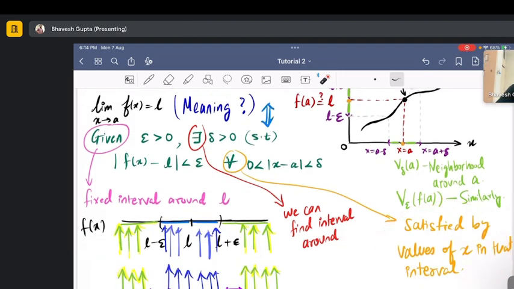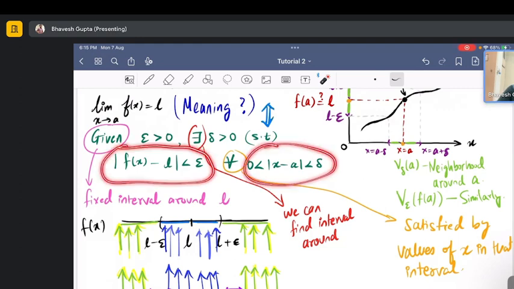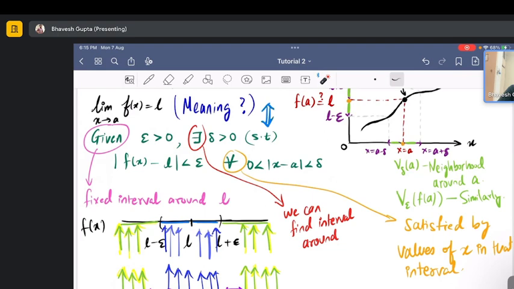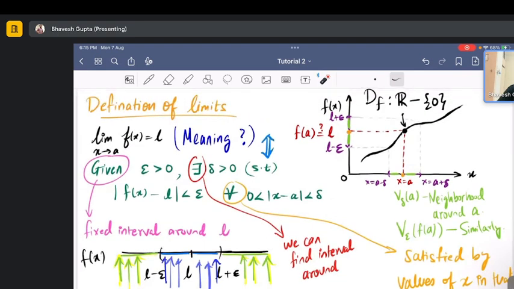That tells you all the values of x which satisfy this inequality satisfy this condition. So geometrically, all the values inside this interval in the x-axis, if you take a map with respect to the function, will always get mapped to this.